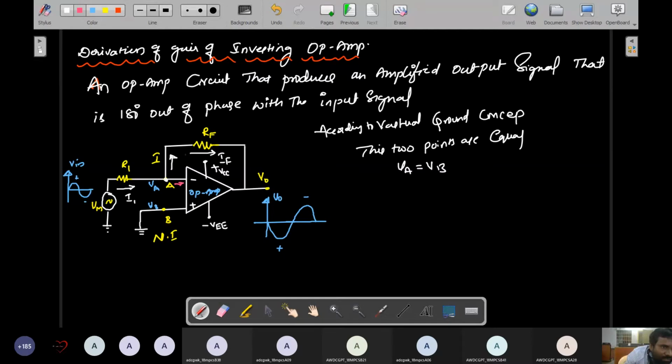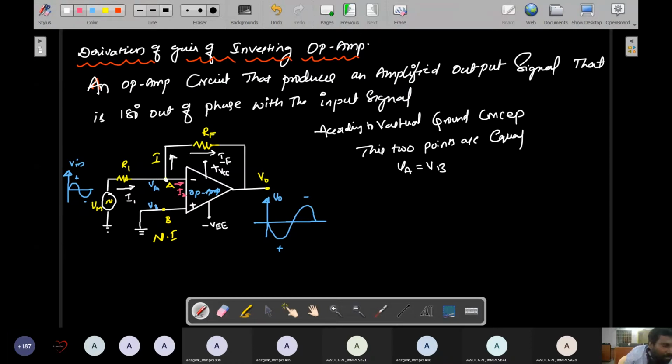So at point A the current splits in two directions. Suppose this is I1, then this is the I2 current and this is the IF current, because this current travels through the feedback resistor, that's why it is called IF.